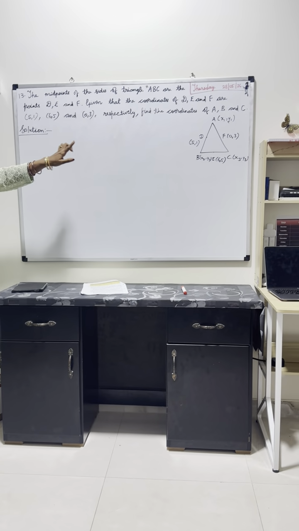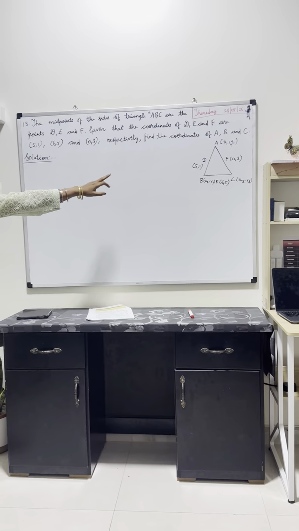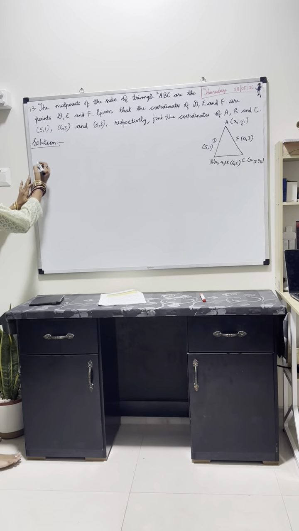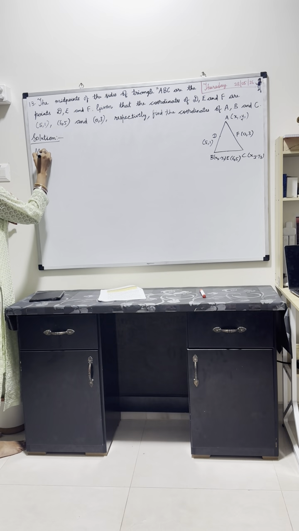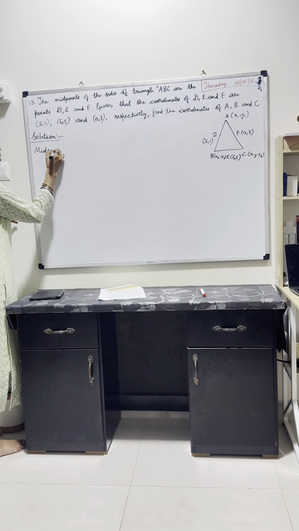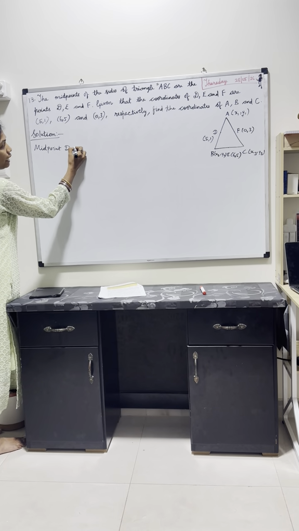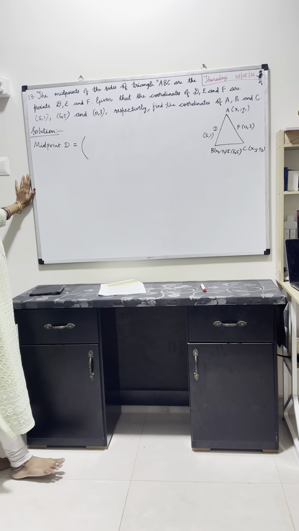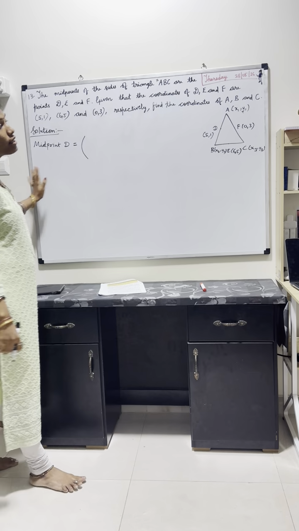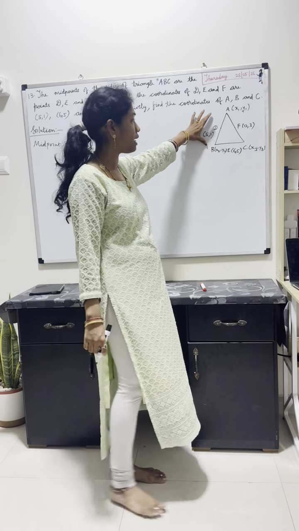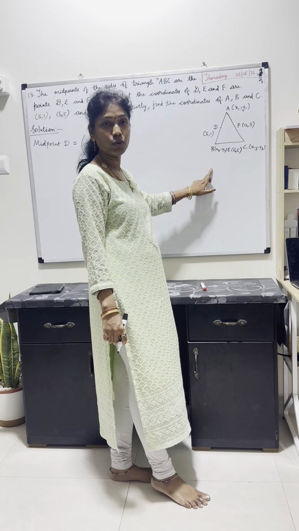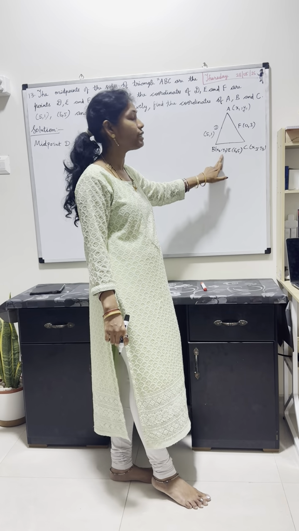Now from the diagram we can see that D is a midpoint of A and B. So what can we say about the midpoint? Midpoint D is equal to nothing but, we can use our midpoint formula. Now recall, what is the midpoint formula? Midpoint formula is nothing but sum of the x coordinates divided by 2 and sum of y coordinates divided by 2.